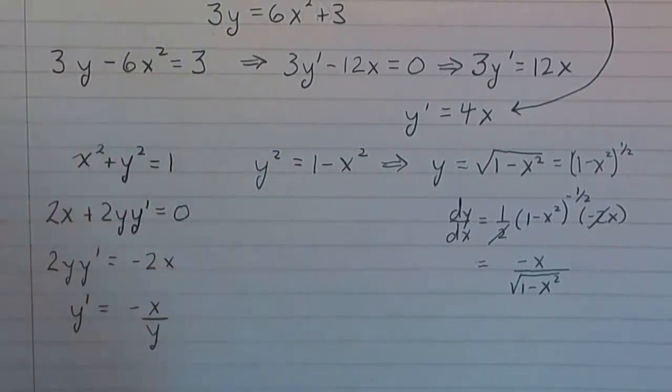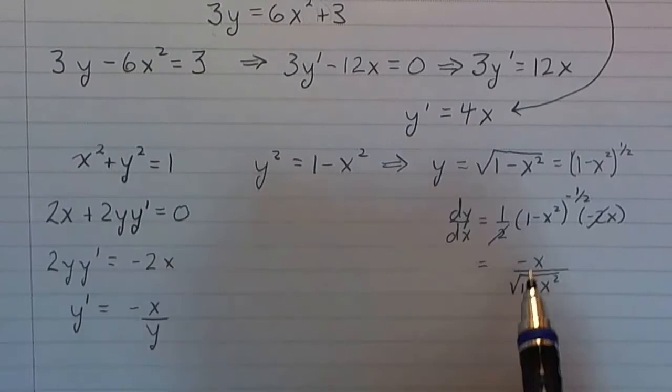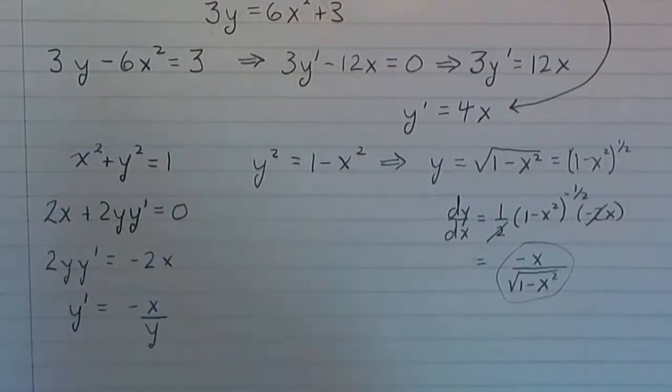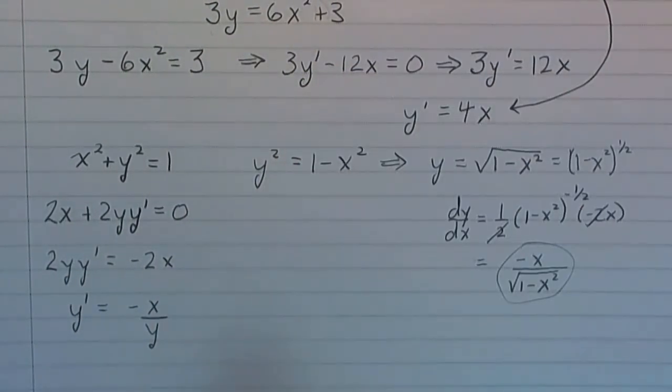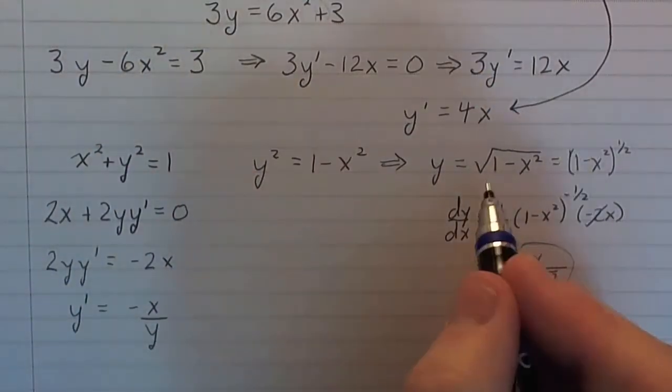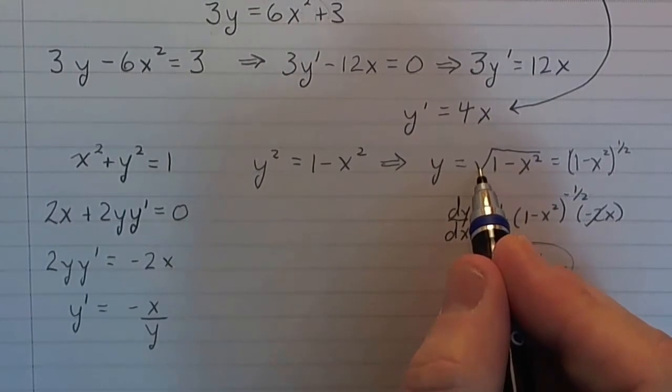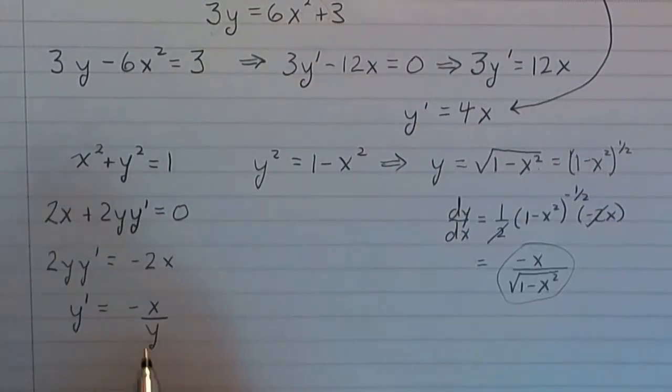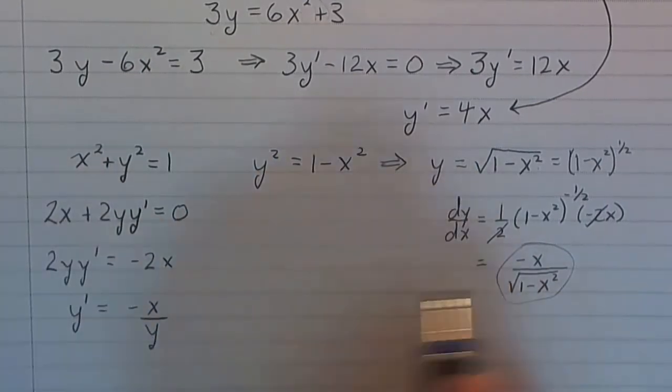Now, this is what y prime is. This is also over here what y prime is. You might think, well, these look different. But realize that y is equal to the square root of 1 minus x squared. So if I just replace this y with the square root of 1 minus x squared, these will look identical.